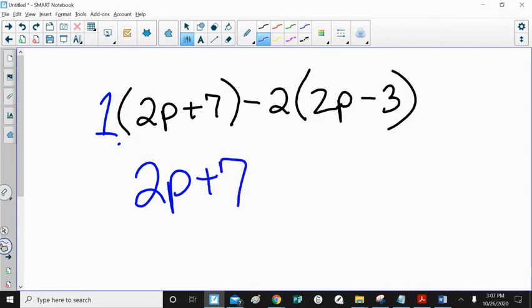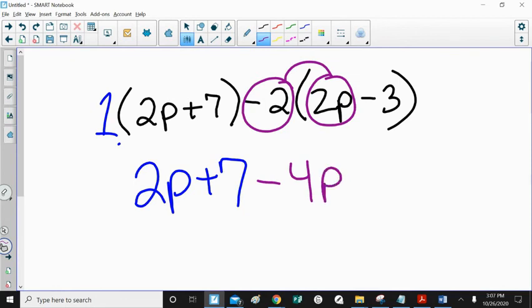For my second linear expression that I'm subtracting, I have to remember that that is a -2 that has to be distributed to everything inside the parentheses. So -2 times a positive 2p is a -4p. -2 times a -3 is a positive 6.